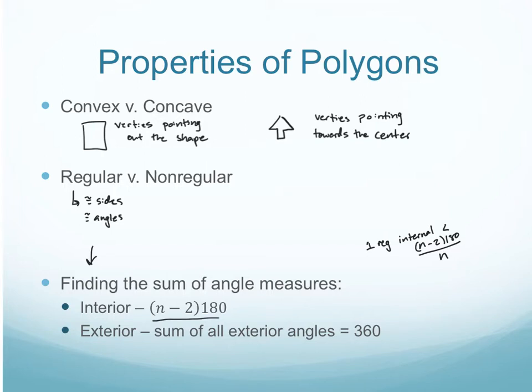So the sum of the interior angles divided by the number of sides. And then for exterior angles, the sum of all the exterior angles is always 360 for all shapes. And the same thing would happen to get one regular external angle. You would just take 360 and divide it by n.